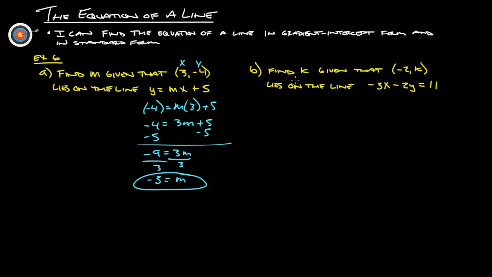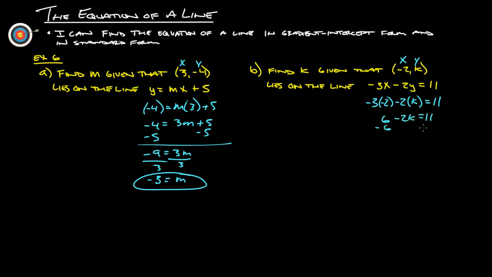Now let's look at part b. Find k, given that (-2, k) lies on the line -3x minus 2y equals 11. This is our x, this is our y. Let's plug stuff in. -3 times -2 minus 2 times k equals 11. -3 times -2 is 6, minus 2k equals 11.